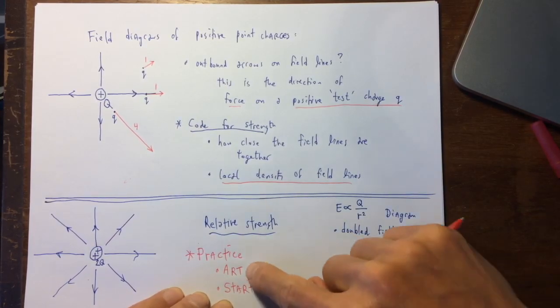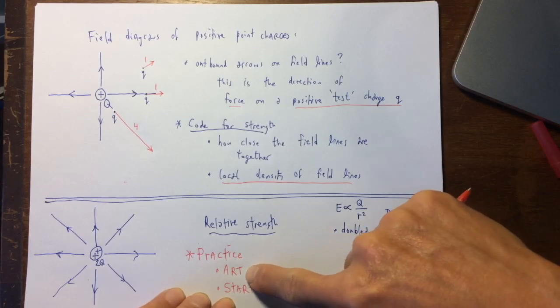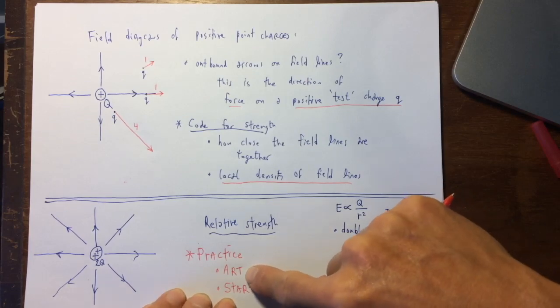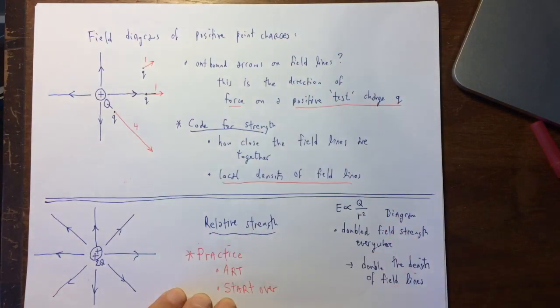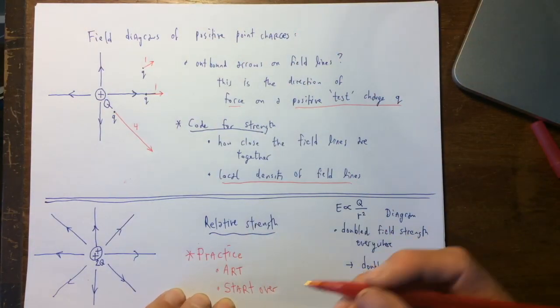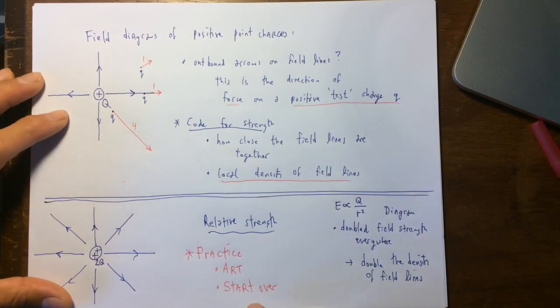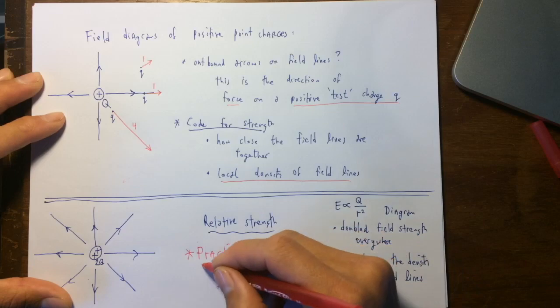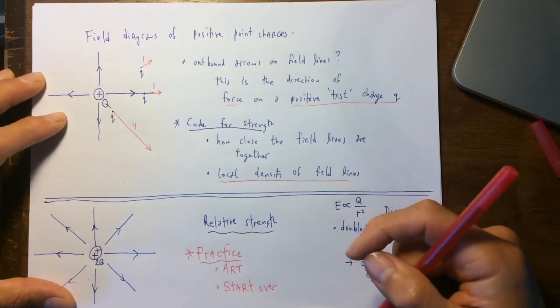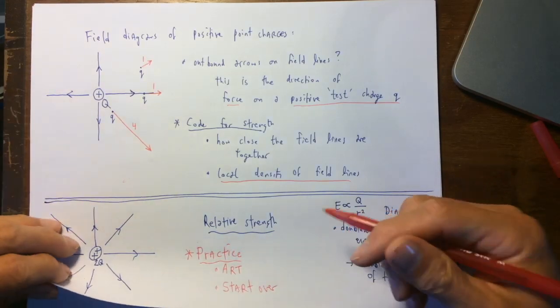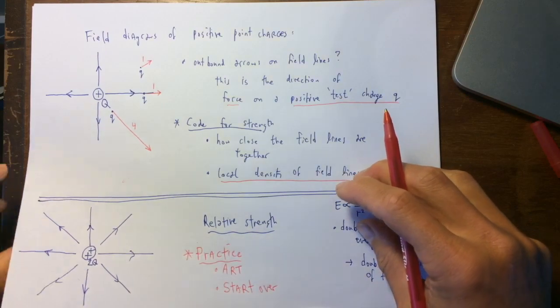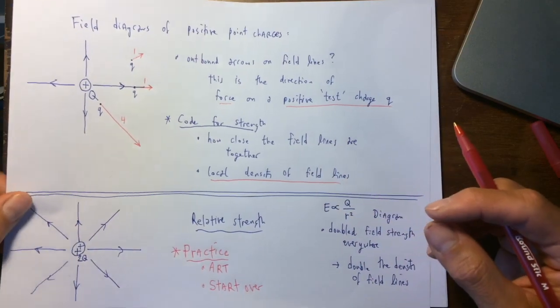Sometimes you get yourself into a diagram that's too confusing, and you didn't choose the right number of field lines to draw from the beginning, and you should just scrap what you're working on if you think you could do it a better way, and start over. And this is what leads to having a lot of practice. Practice makes perfect. So you've got to start putting in your 10,000 hours for this.